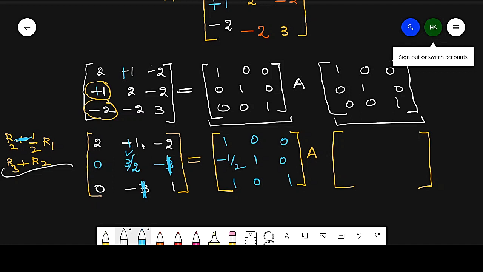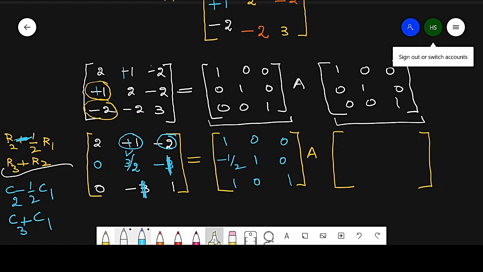Now to make these terms 0, I will apply the column operation. What is the column operation? It will be C2 minus 1 by 2 C1, and from this it will become 0. Then C3 plus C1, so this will become 0.